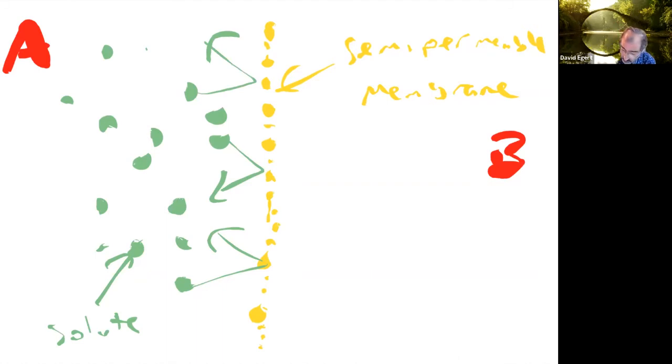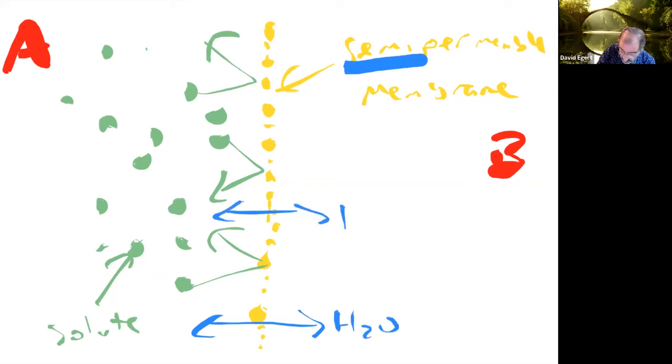However, semi-permeable means water can move back and forth. And what this creates is a situation, it's kind of an awkward way to think about it, but you could say if this is just distilled water here, if you're thinking about concentration of water, which is kind of a weird way to think about it, this is pure water.